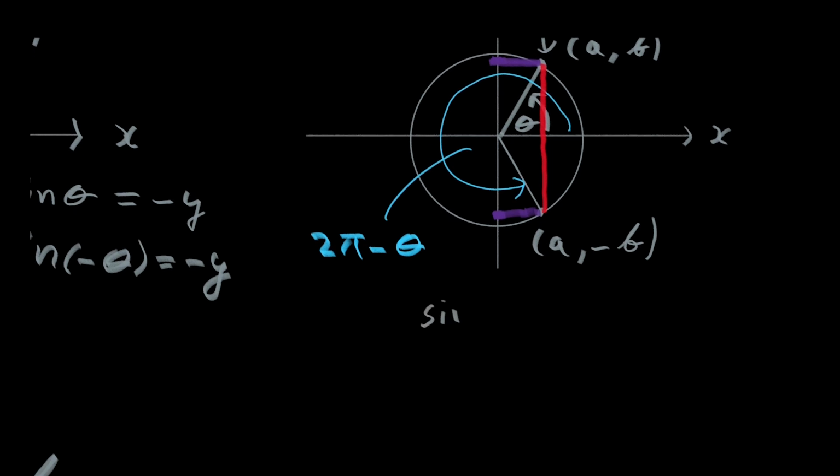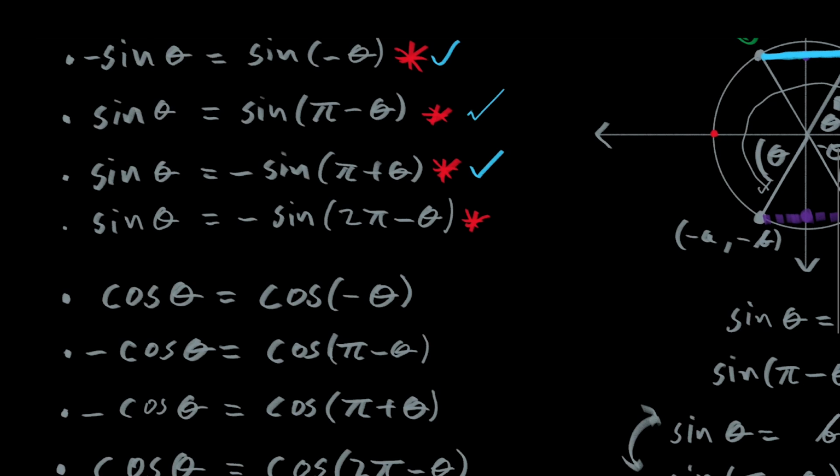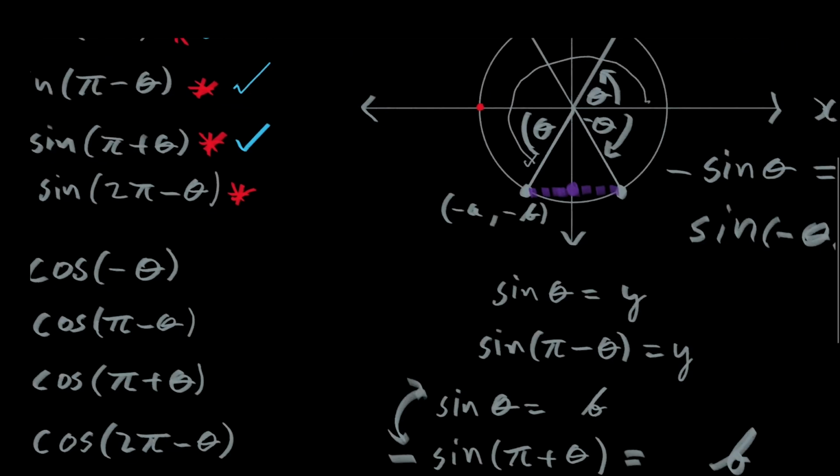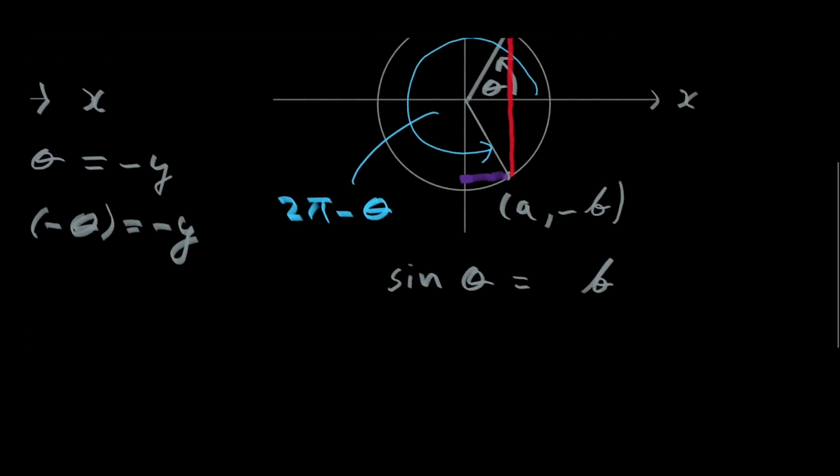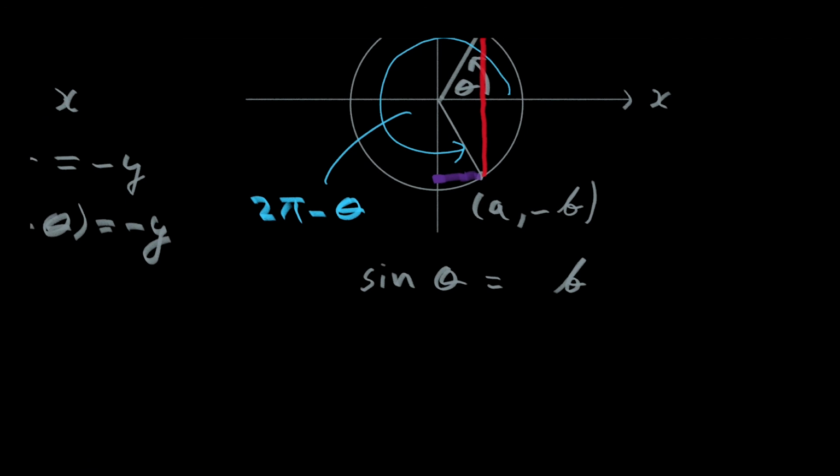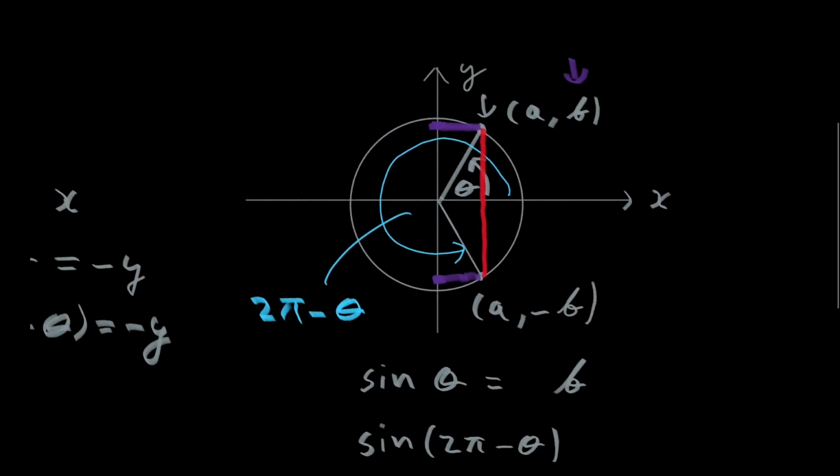So the sine of theta is just equal to b, all right? But consider what the sine of 2 pi minus theta would be. Well, the sine of 2 pi minus theta is just going to be the sine of the angle that I've indicated in blue, right?